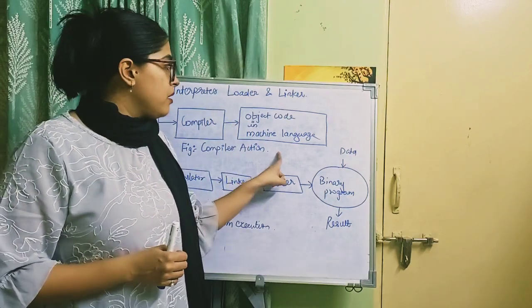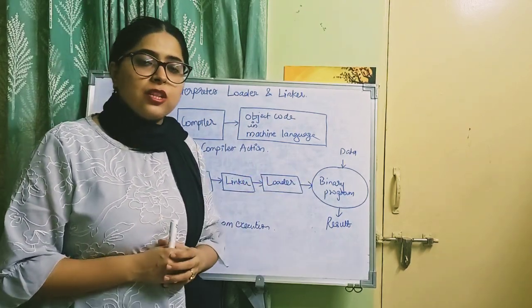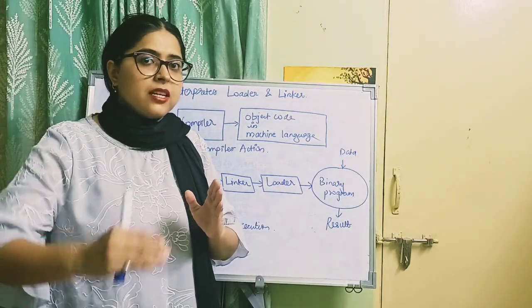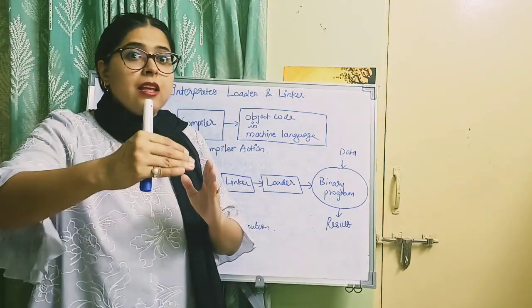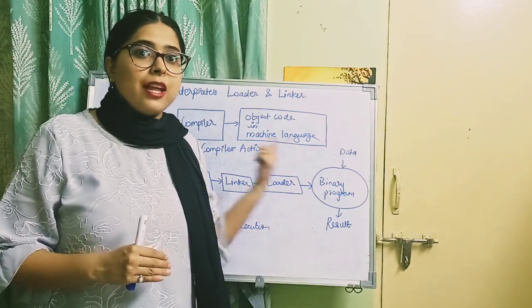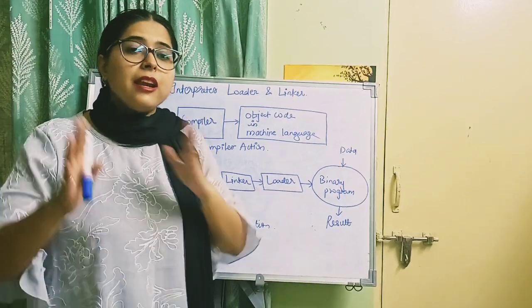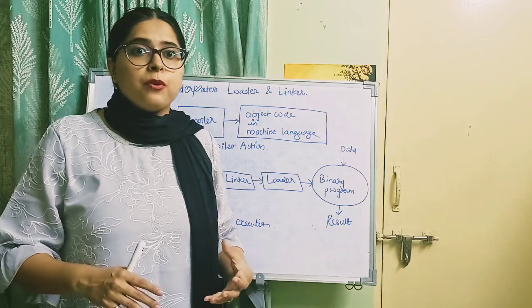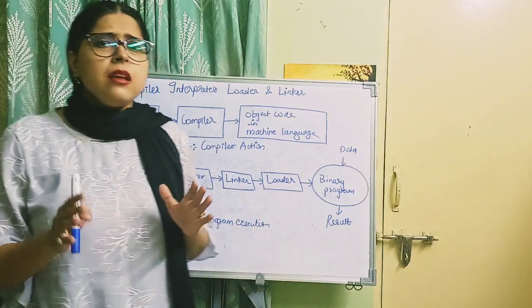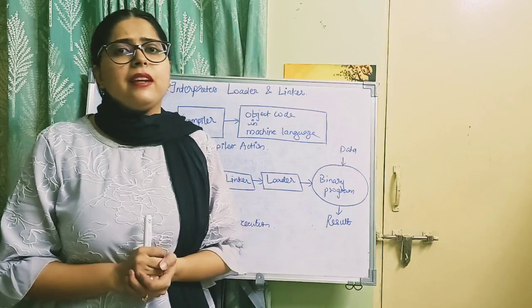Means if the interpreter is executing line number 1 and there is an error in that line, the printout of the same is taken, the error is corrected, and then the control passes to the second line of code and the process repeats. So line by line execution is the interpreter, and the compiler scans the whole program and then gives all the errors. That is the basic difference between the compiler and interpreter.